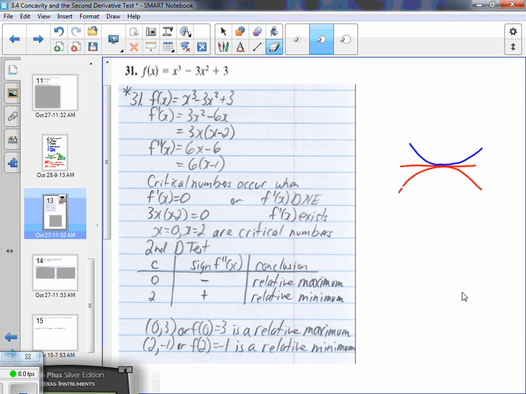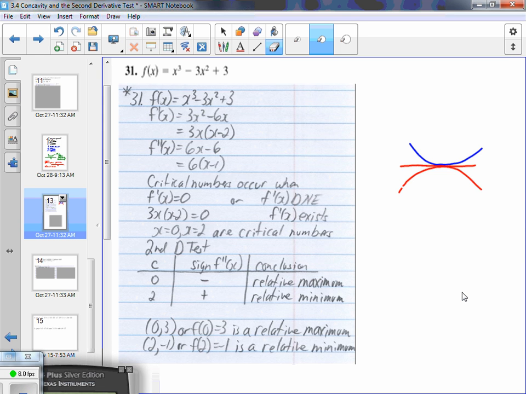It's just that this is really nice when it works. Okay? So, if I'm working the homework and I get two critical numbers, one of them from where the derivative equals 0, and the other from where the derivative does not exist, I know the second derivative test will not work for one of my critical numbers. I'm not going to bother with it.